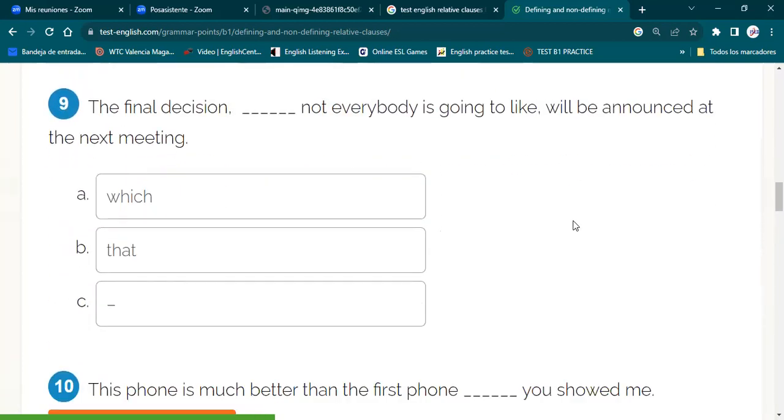Eduardo, the final decision not everybody is going to like will be announced at the next meeting. Which, that or nothing? That.